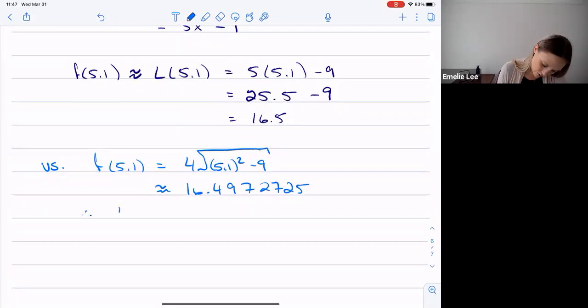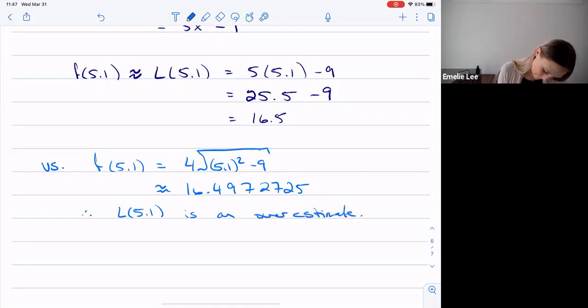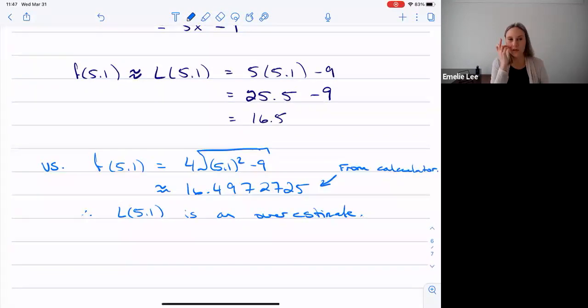So therefore, L of 5.1 is an overestimate, which makes sense because we know the shape of a root function. And this is from a calculator, just in case you didn't know where it came from.